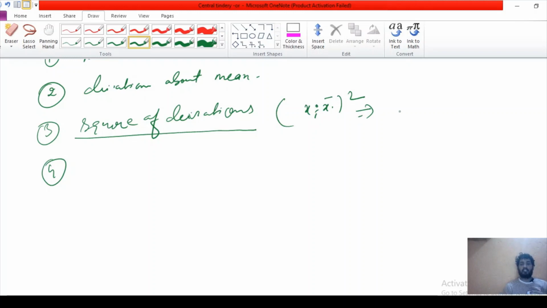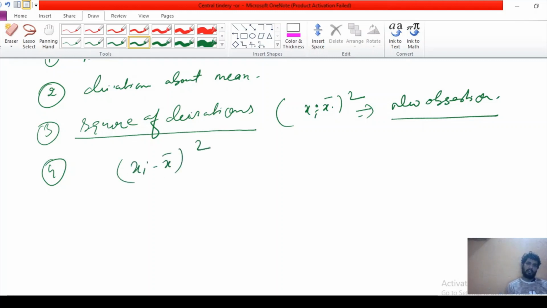It is a new observation, we can say new observations. Now how to find the mean for given observations we have studied well. So these are our observations, so x minus x bar, and sum of all observations divided by the number of observations, right.